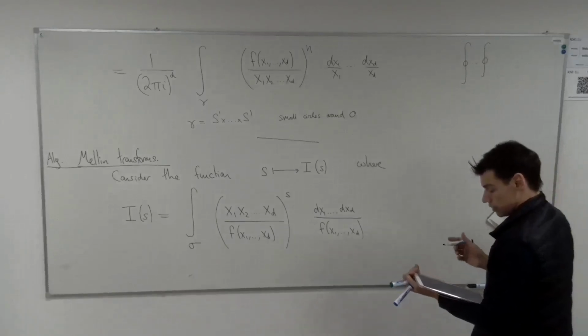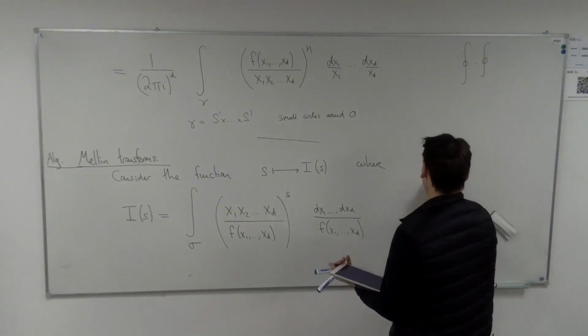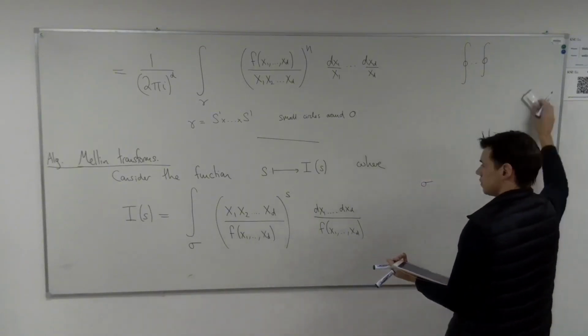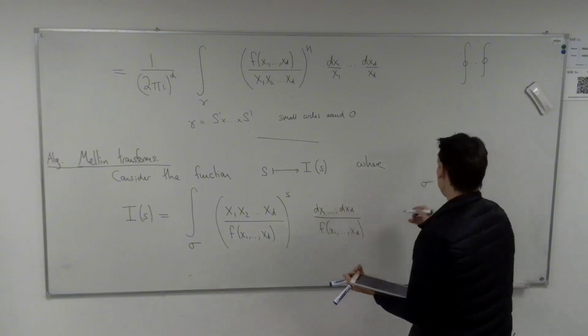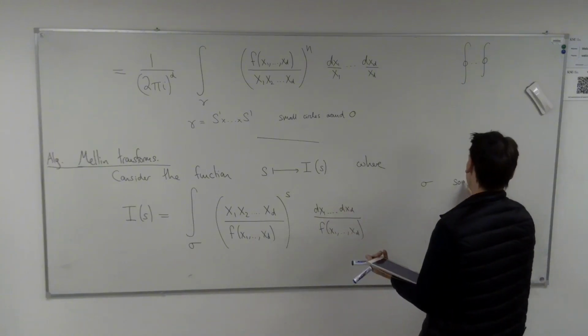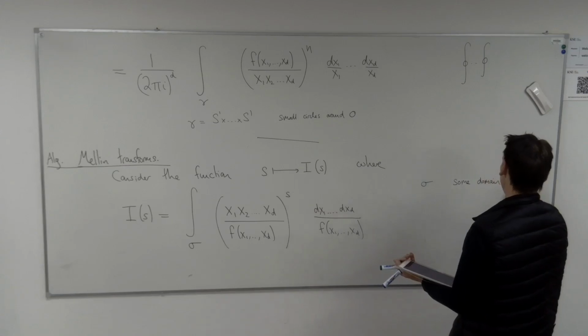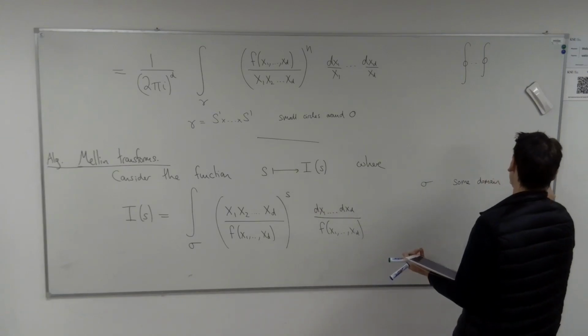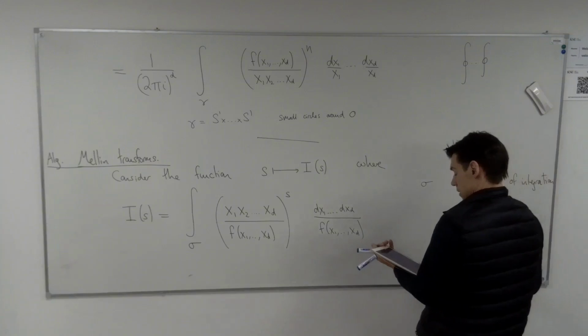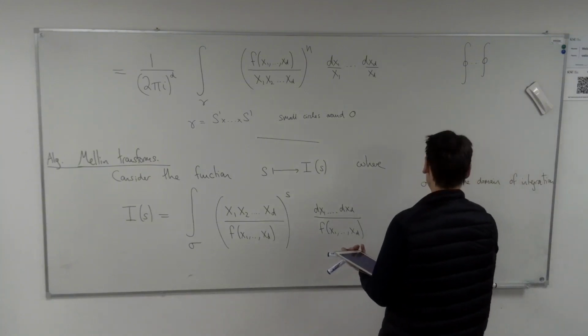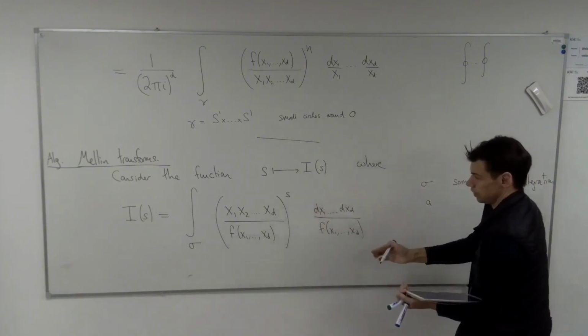So here we're going to take sigma some domain of integration. It doesn't really matter for now. I'm going to choose it later. And we're going to assume that this converges. It might not converge.